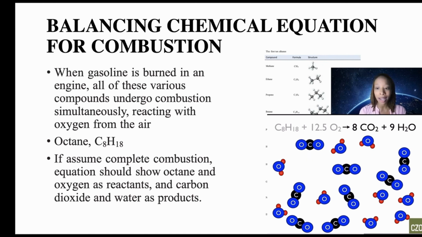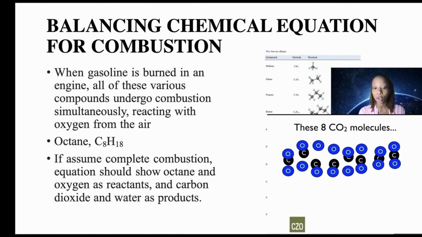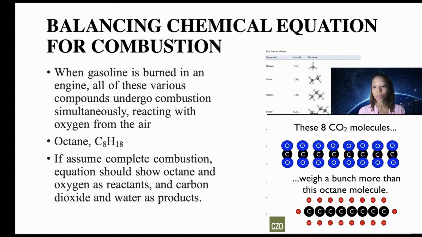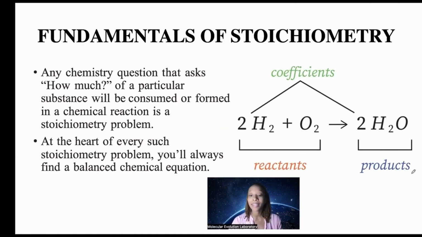For any chemical reaction, to calculate any quantitative value, for example the amount of carbon dioxide and water produced, we have to start by balancing the equation. As we mentioned in our last lecture, we balance the equation by adding stoichiometric coefficients. Here, in balancing this equation, the coefficient is 2.